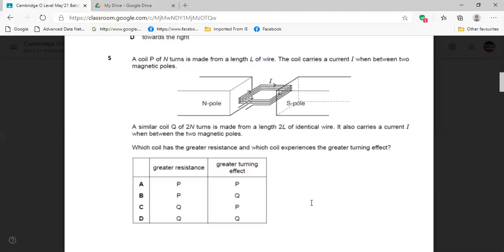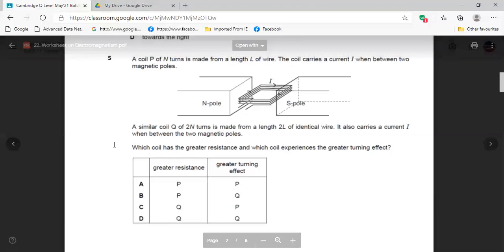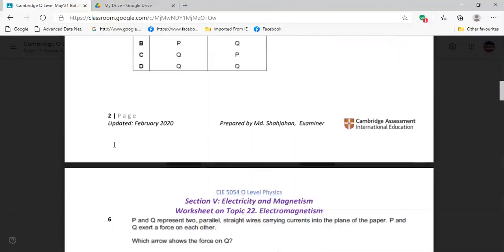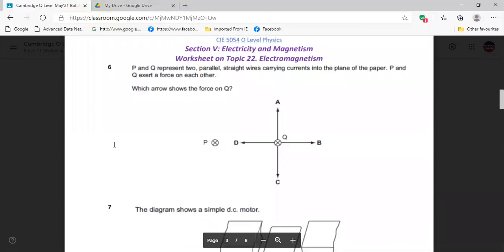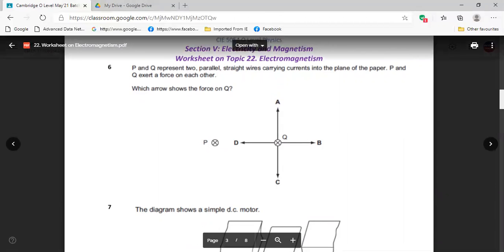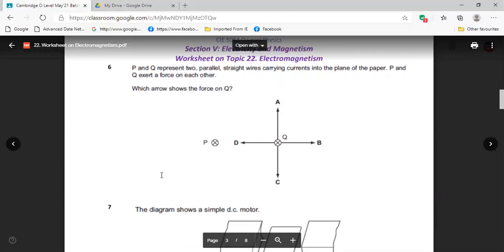So what should be our answer? Then D. No confusion, right? No, sir. Correct. Then 6 is D. You got it already, right? We did it already.